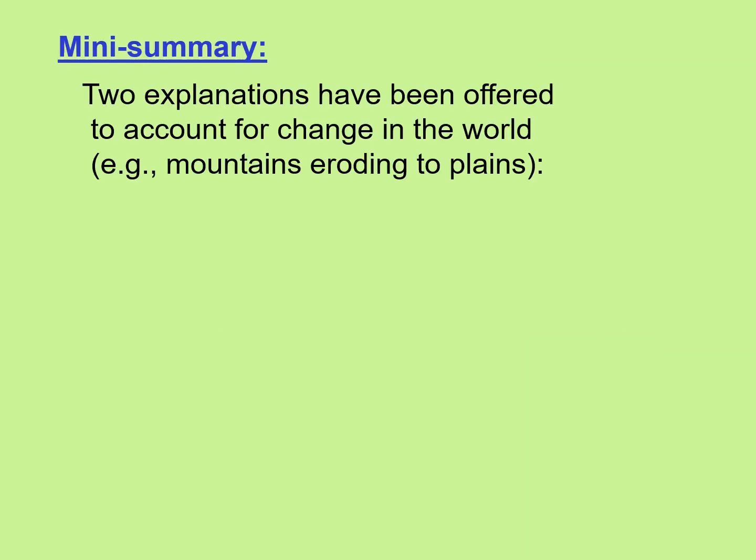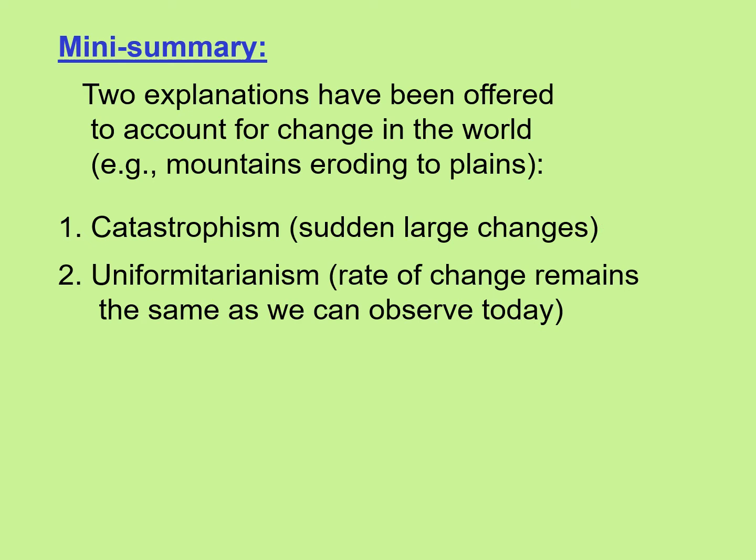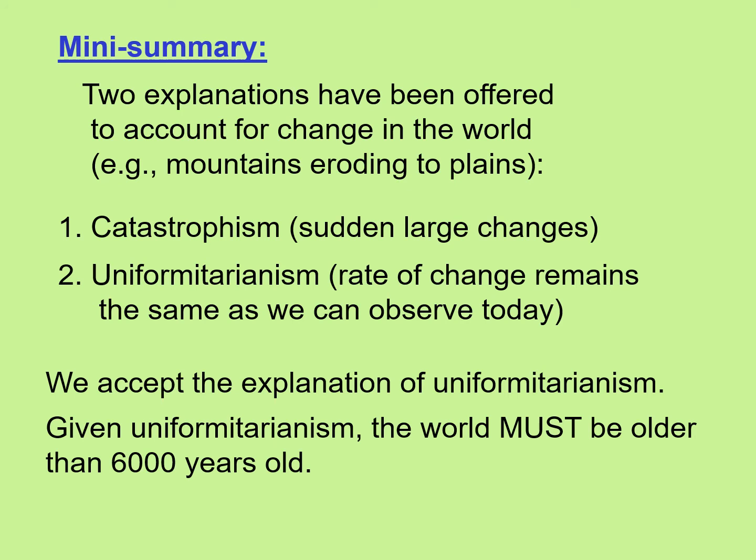To summarize, two explanations have been offered to account for change in the world, that is, mountains eroding into plains. Catastrophism, sudden large changes, versus uniformitarianism, the rate of change remains the same as we can observe today. We accept the explanation of uniformitarianism, and given uniformitarianism, the world must be older than 6,000 years.